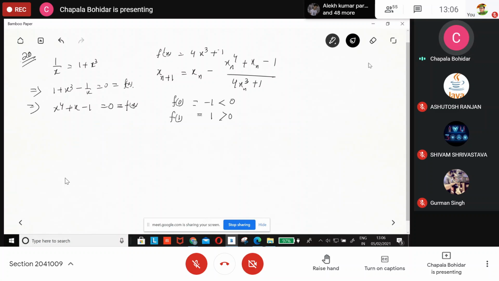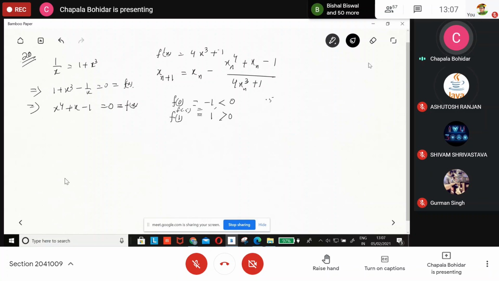So now here it is 0, 1. I'm considering the value 1 minus 0 divided by 2, so it is 0.5. Let us check whether f of 0.5 is less than 0 or greater than 0.